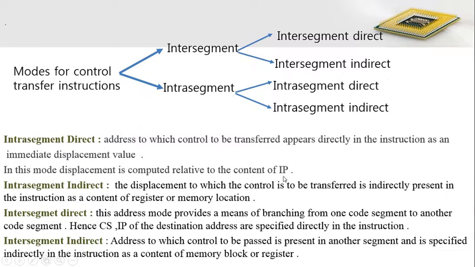The displacement value is available from this instruction pointer. Instruction pointer is always pointing to the next instruction to be executed, right?